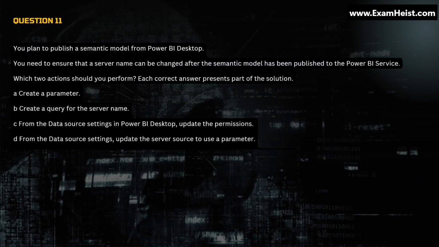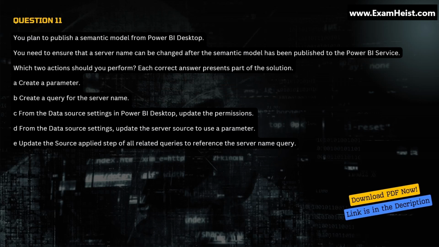Question 11. You plan to publish a semantic model from Power BI Desktop. You need to ensure that a server name can be changed after the semantic model has been published to the Power BI service. Which two actions should you perform? Each correct answer presents part of the solution. A. Create a parameter. B. Create a query for the server name. C. From the data source settings in Power BI Desktop, update the permissions.